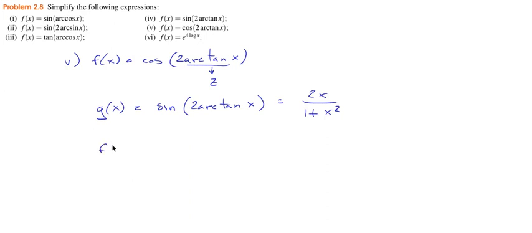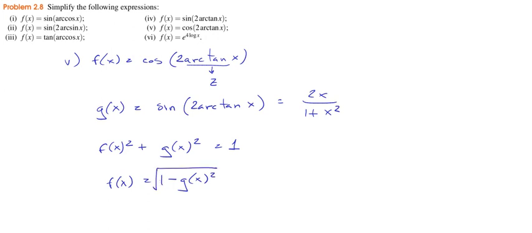So we know that f of x squared plus g of x squared, the cosine squared plus the sine squared, is just 1. And so now what we want to solve for f of x is 1 minus g of x squared, and this is the square root, if you solve for this.